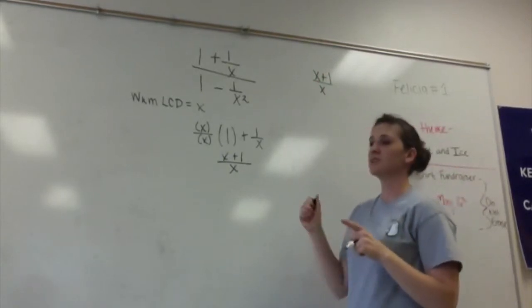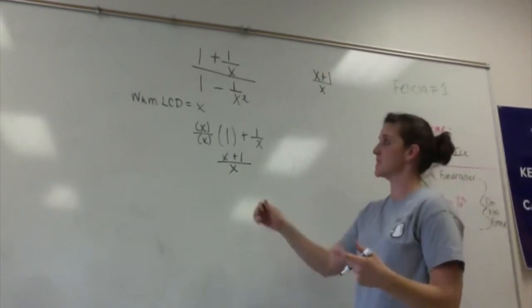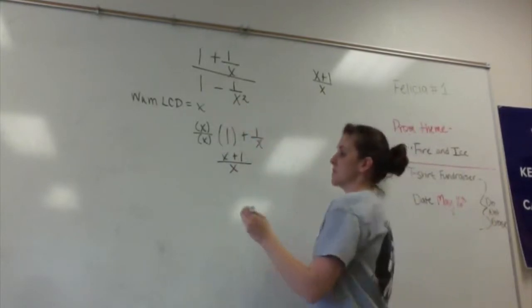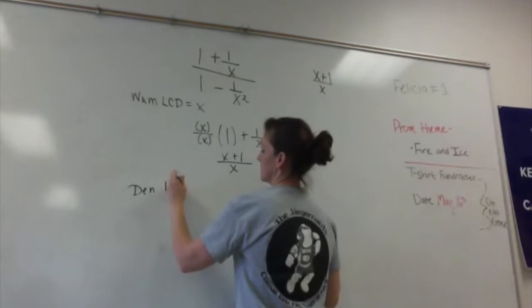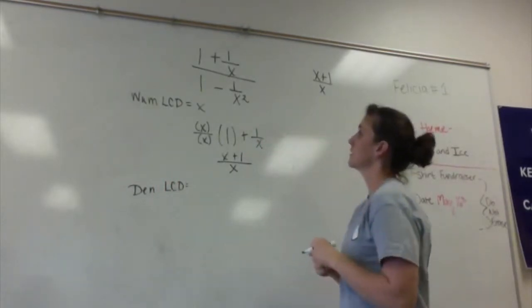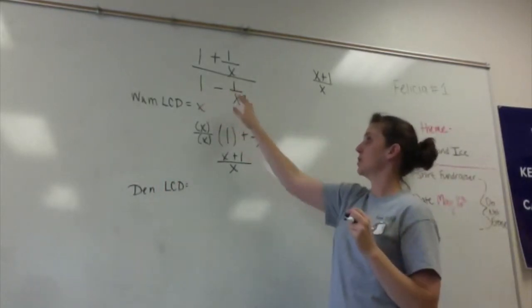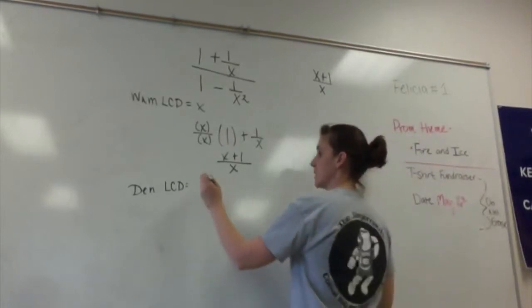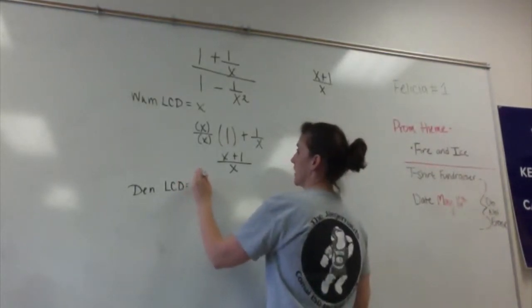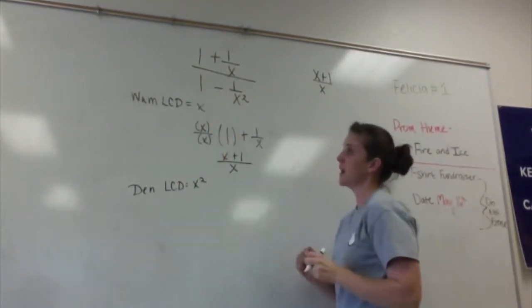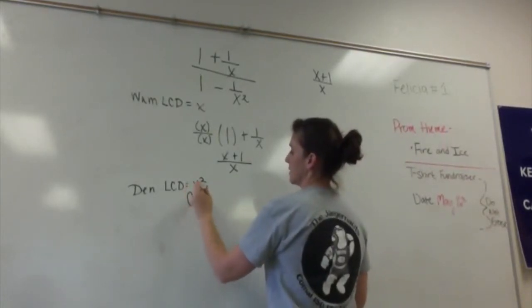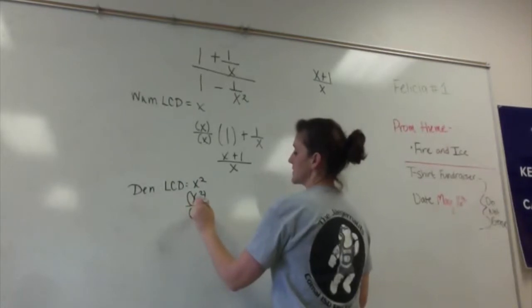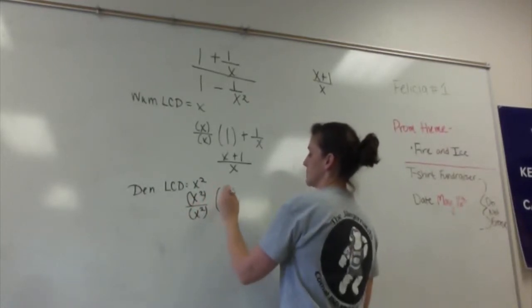Okay, now we're going to do the same process with the denominator. So first step is I'm going to find the LCD. So I've got 1 and 1 over x squared. X squared. Okay, so I need to make this 1 have x squared in the denominator. So I'm going to do that by multiplying by x squared over itself times 1.